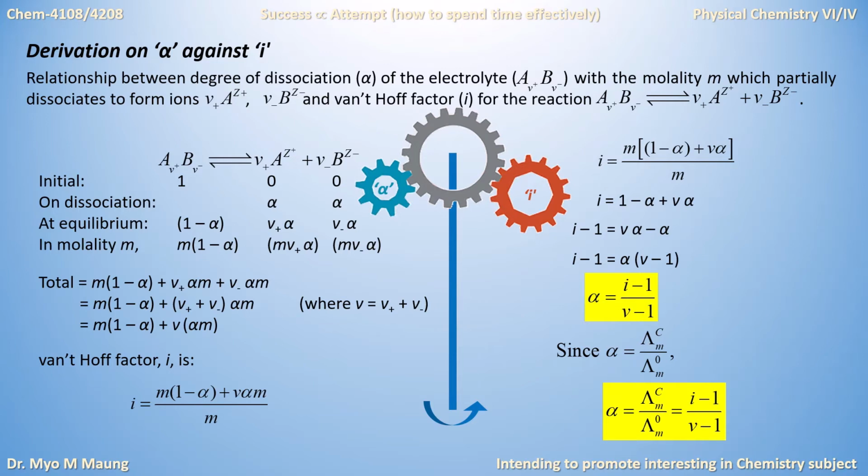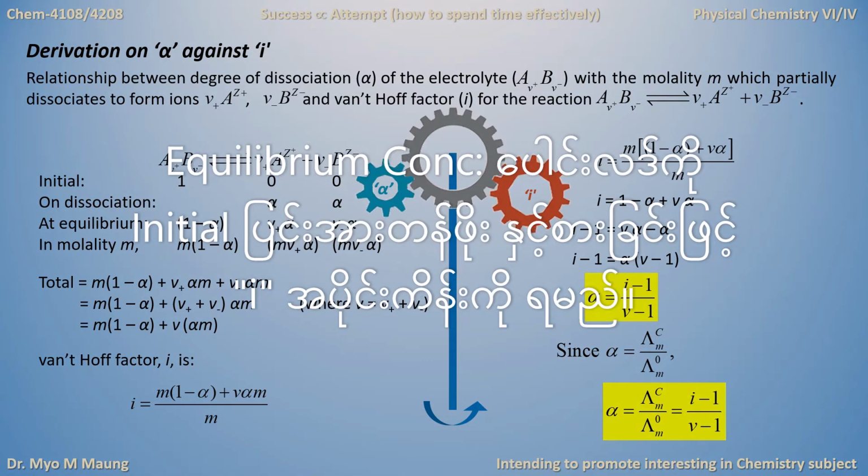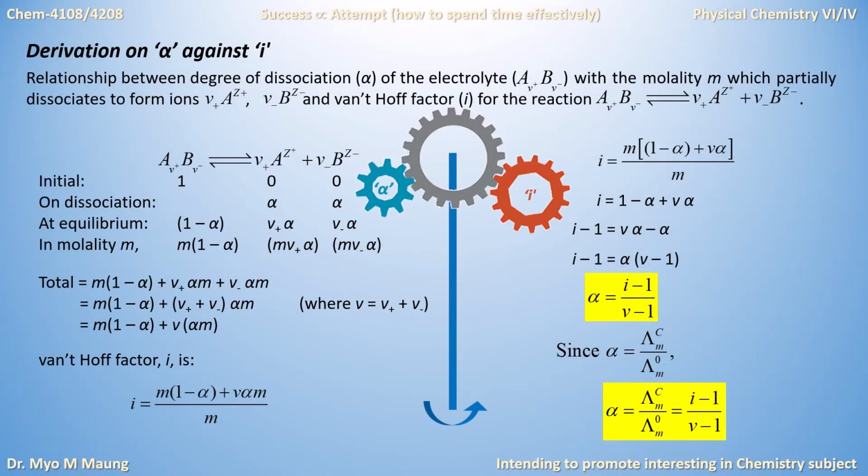Then, the Van 't Hoff factor, i, is that i equals m(1 minus alpha) plus ν alpha m, divided by m. So, i equals m into (1 minus alpha plus ν alpha), divided by m. Here, m has cancelled. So, i equals 1 minus alpha plus ν alpha.